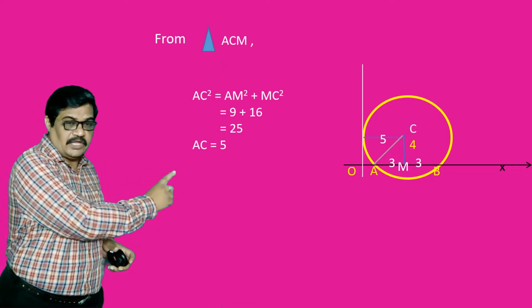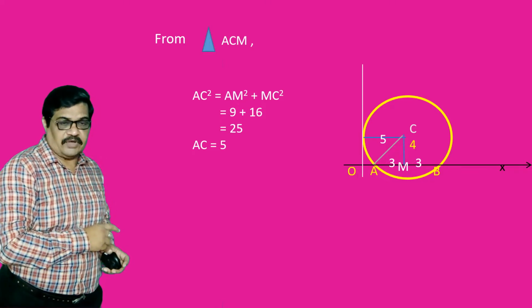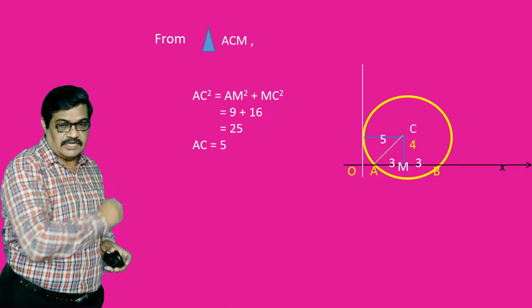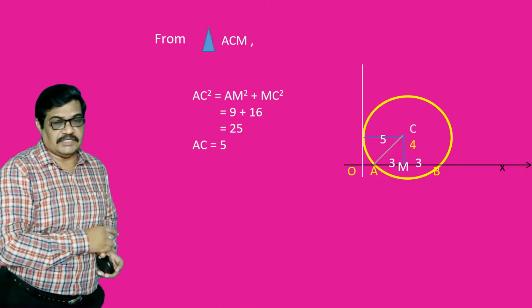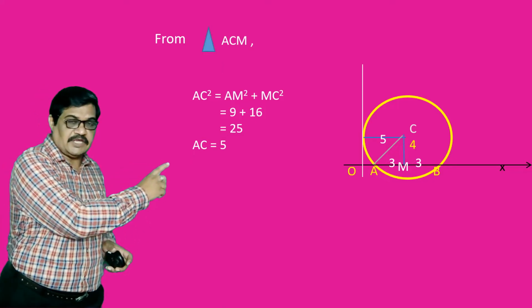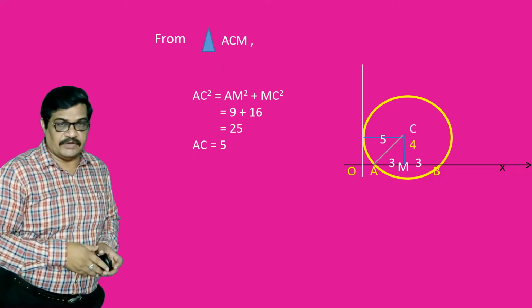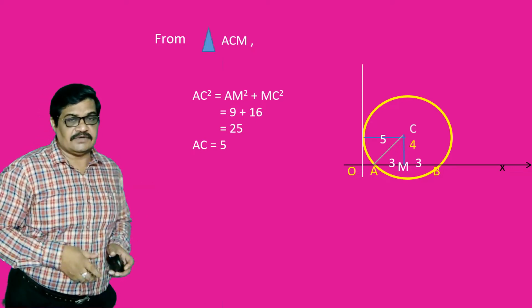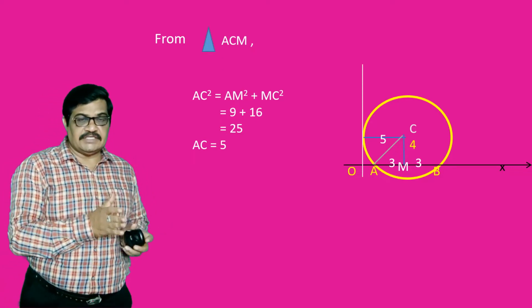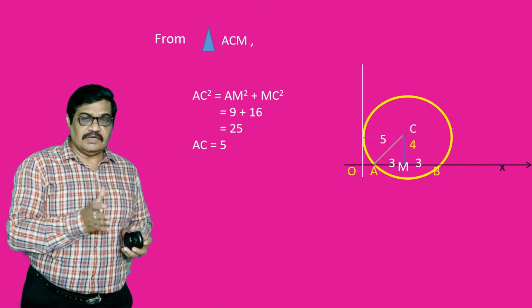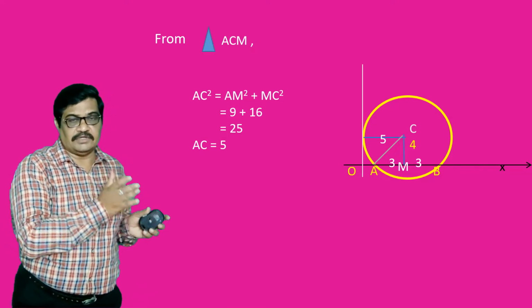From this triangle ACM, we write the right angle property: AC square is equal to AM square plus MC square. AM is 3 and MC is 4. That is 3 square, 9, plus 4 square, 16. So AC square is equal to 25. We get AC as 5 units. So if AC is 5 units, then what is the x coordinate of the center?